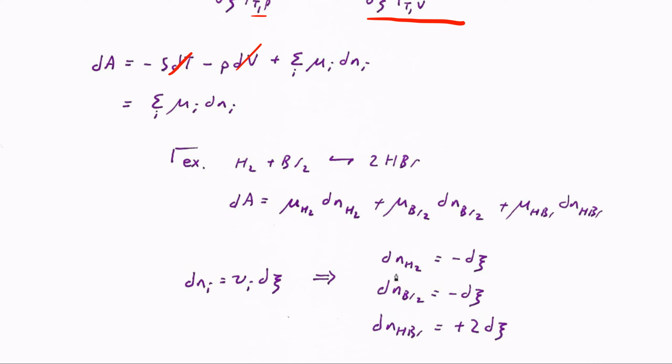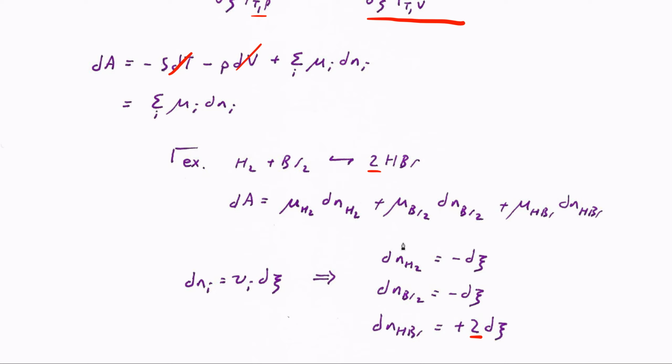So the change in the amount of moles of H2, if I've reacted some amount squiggle, is just negative that change in squiggle, because H2 is a reactant and I'm losing 1 mole of H2 every time the reaction proceeds once. Likewise, I lose 1 mole of Br2 when the reaction proceeds once, so the change in moles of Br2 is negative d-squiggle. And because the stoichiometric coefficient in front of HBr is a 2, the change in number of moles of HBr is plus 2 times that change in the extent of reaction.